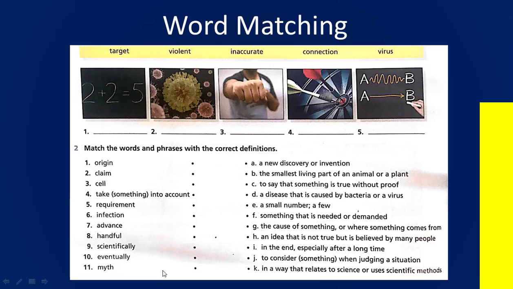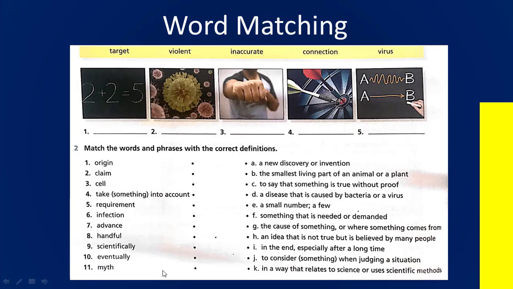F, something that is needed or demanded. G, the cause of something or where something comes from. And H, an idea that is not true but is believed by many people. I, in the end, especially after a long time.